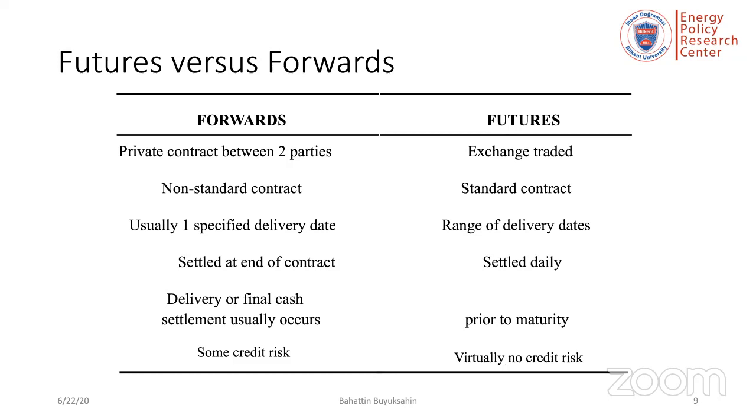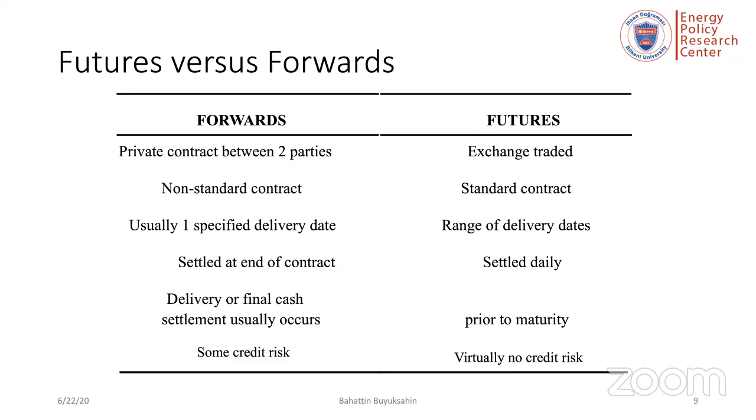Forward contracts are settled at the end of the contract. You don't have to do anything between the signing of the contract and the expiry of the contract. As opposed, futures are settled daily, basically through the margin account. In forwards, the delivery or final settlement usually occurs at the end.